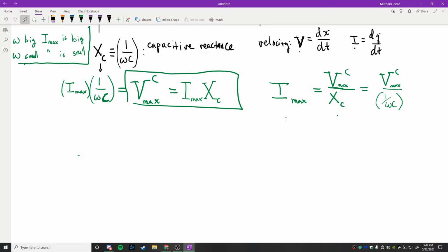So why would that be the case? Why would it be the case that the capacitor would do more when the frequency is large?